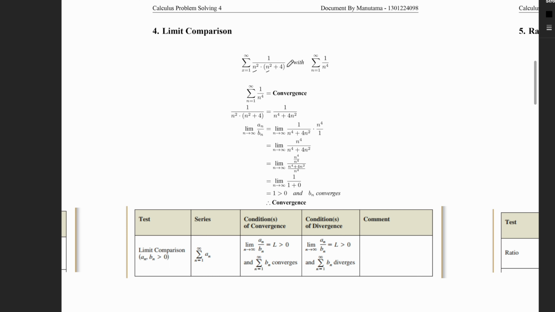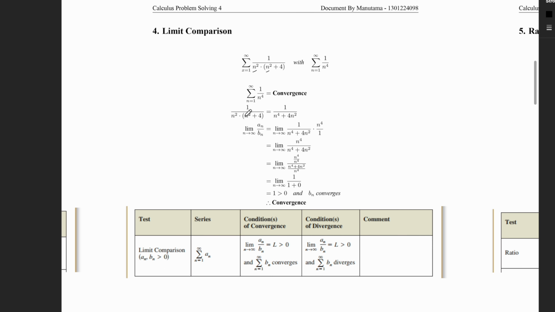So we want a series that can divide this n^4 into 1. So compare it with n^4, and the n^4 cancels, so it becomes 1.